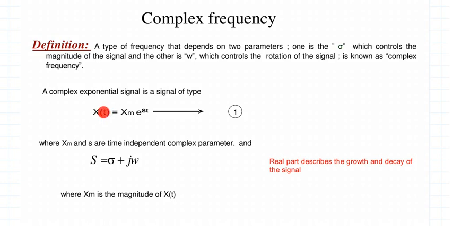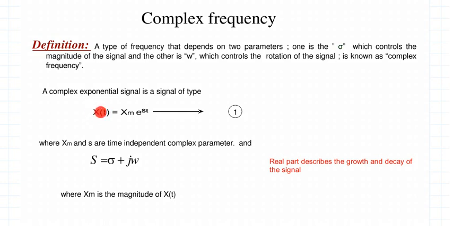So t is the independent parameter, x is the dependent parameter. This x depends on t. So we indirectly say that x is a function of time, or putting it in simpler words, x varies with respect to time. As t changes, x changes.